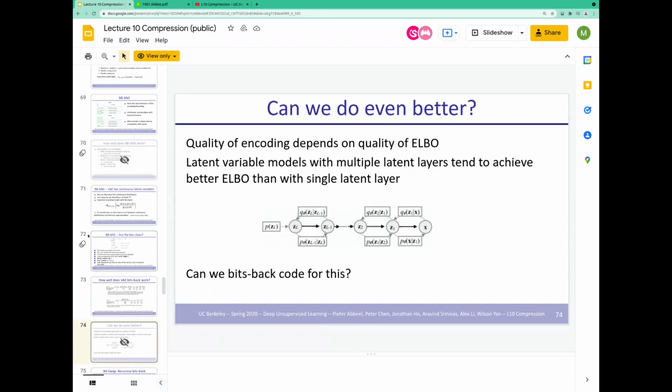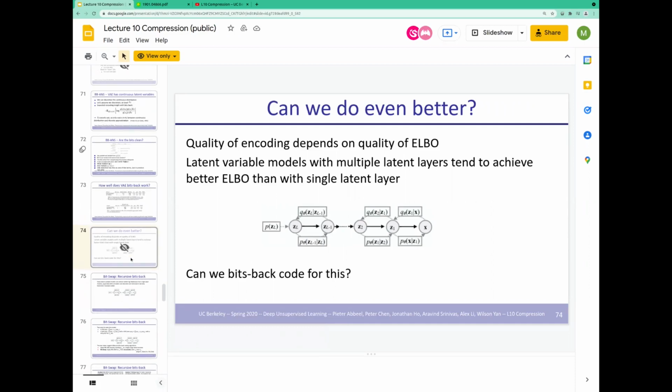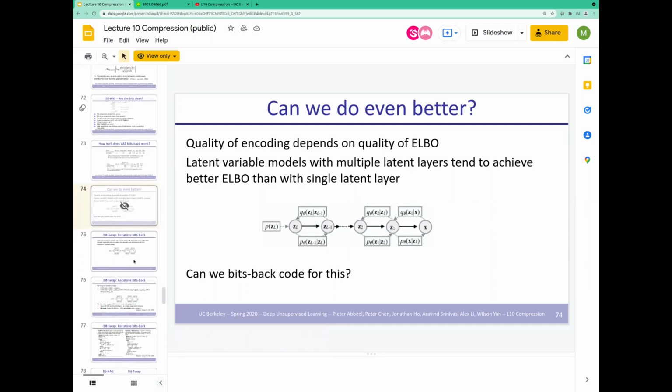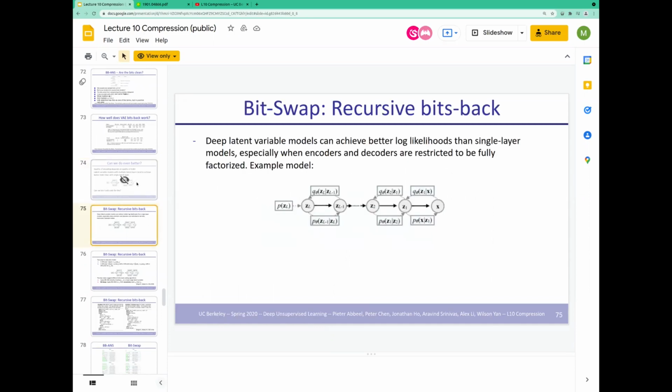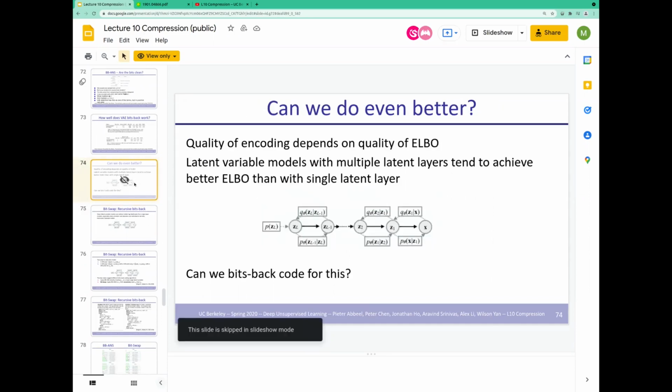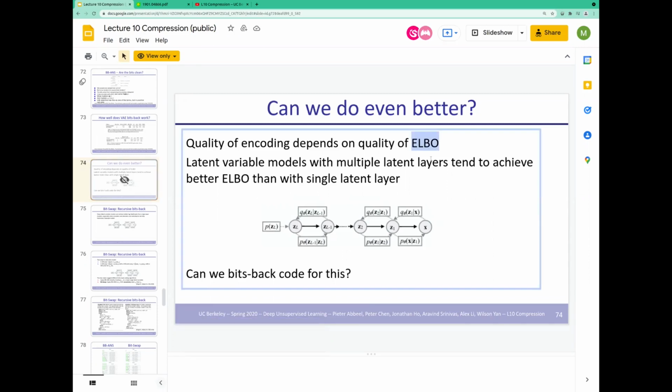Okay, and so this goes into the paper they wrote. It depends on the quality of the lower bound of the loss function. If we have multiple latent layers, it apparently achieves the ELBO better than with a single latent layer.